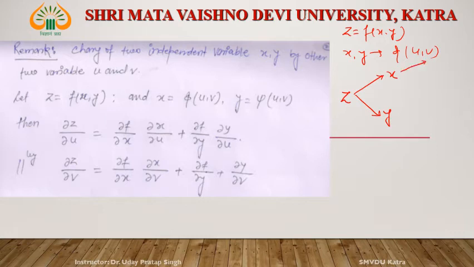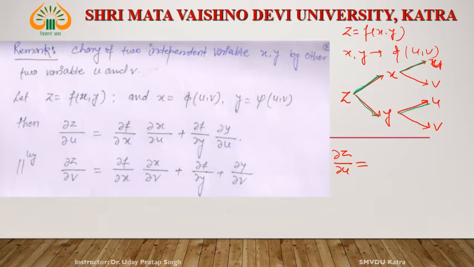X is a function of u and v, and y is a function of u and v. Now what we have to obtain is del z by del u. See all the paths from z to u. How many paths are there from z to u? There are two paths. One path is z to x and x to u, and another path is z to y, y to u.